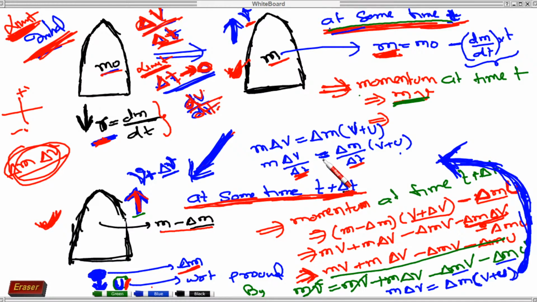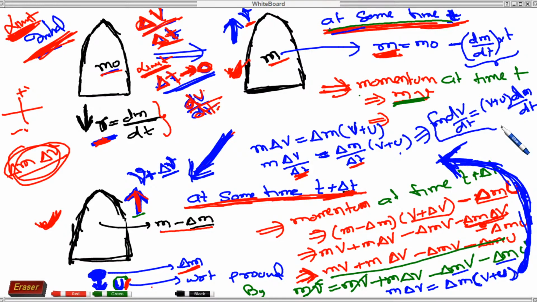So this equation becomes m dv over dt is equal to (v plus u) dm over dt. What is v? V is the velocity of this body at time t, and at t plus delta t, what happens?